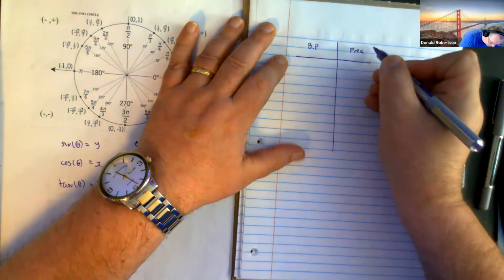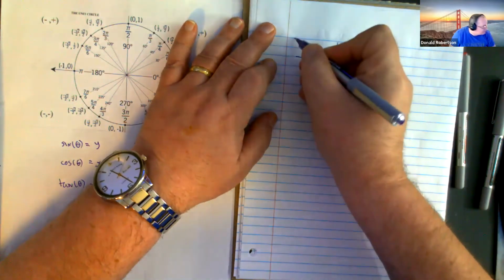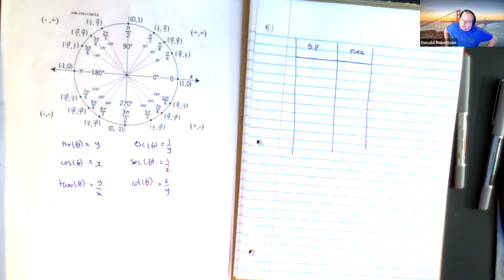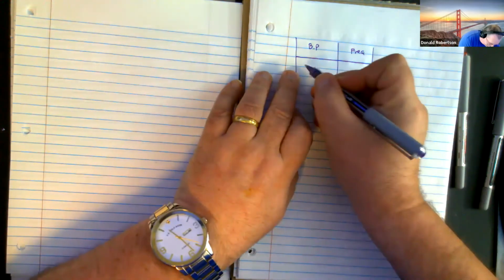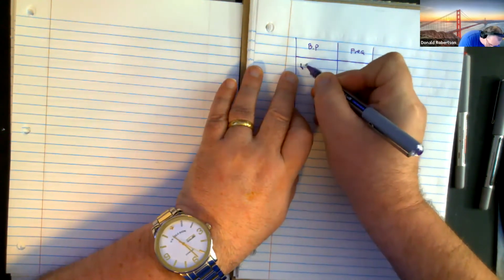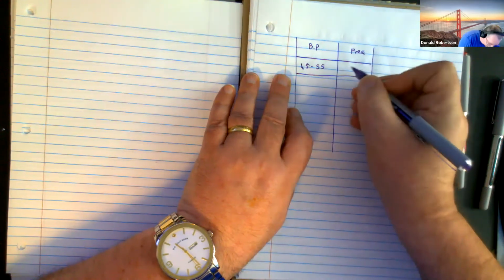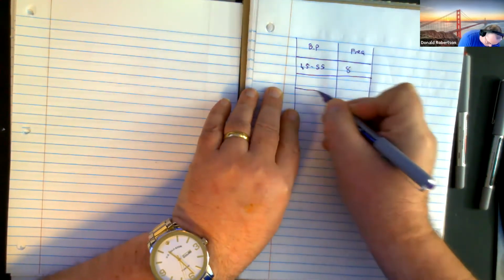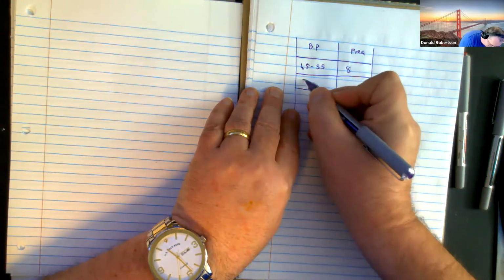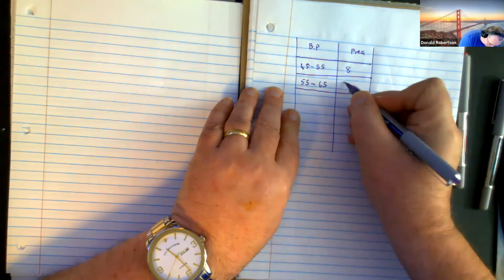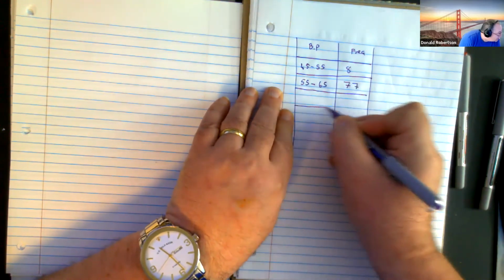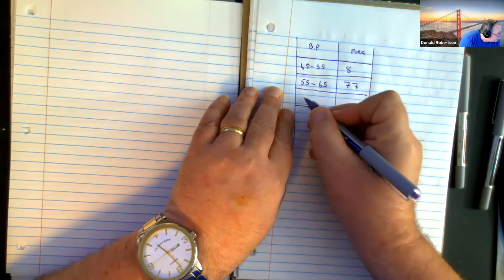So a lot of data is collected, medical data is collected about people, and it's used by a lot of medical people for all sorts of reasons. So in the range 45 to 55, there was 8 people. And then 55 to 65, there was 77 people. And then the next one is 65 to 75.